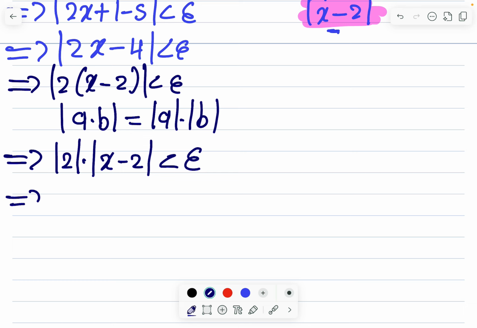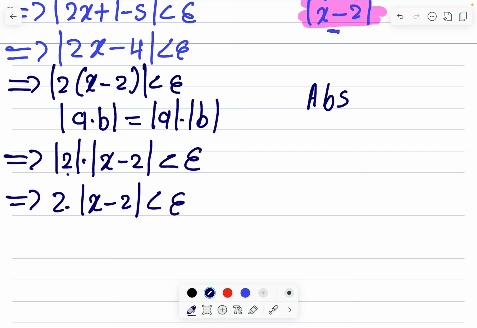If you press shift on your calculator, there is the ABS function. If you press that ABS and substitute the value of 2, you get 2 multiplied by the absolute value of x minus 2.